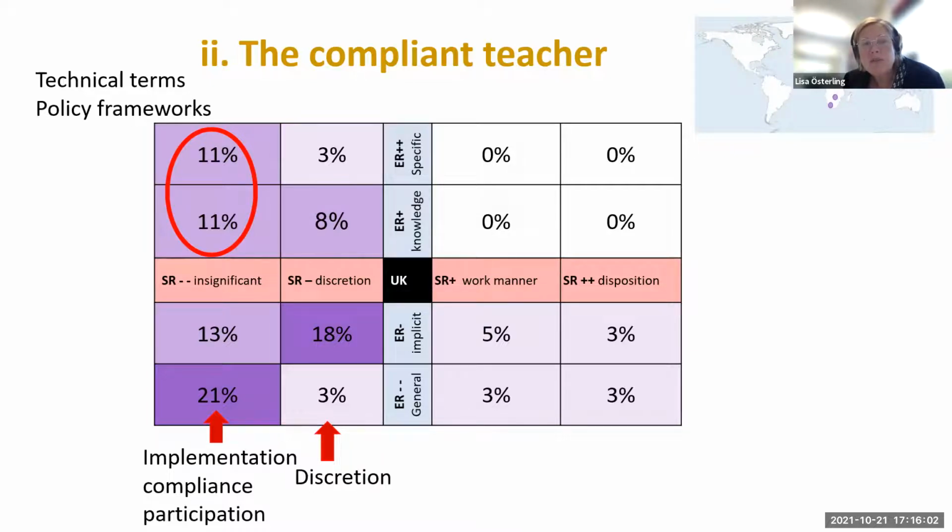So in these kinds of examples, the compliant teacher, when the knowledge was on the plus side, there was a dominance of knowledge retrieved from policy frameworks, knowledge about curriculum, knowledge about policy and policy implementation, rather than policy interpretation.